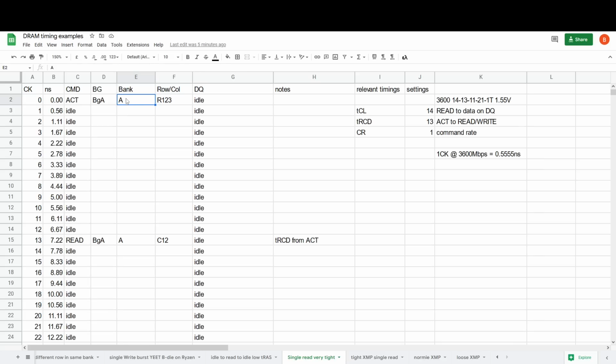When I say thousands, I mean thousands. 65,000 rows in a bank is a totally normal amount to have in a bank of a DDR4 memory chip. How many rows you have depends on how dense the memory chip is. And each row is 1024 columns long, and each column is 8 bits deep. Well, actually, the depth of the column depends on the width of the memory chip, but typical memory chips, like x8 memory chips, will be 8 bits deep.